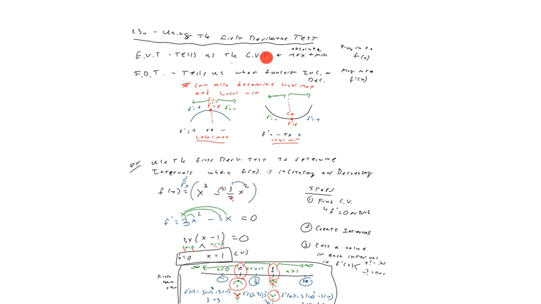In the extreme value theorem, we found the max and mins. The first derivative test tells us where the function increases and decreases. This is why I asked this question: do we need to test?